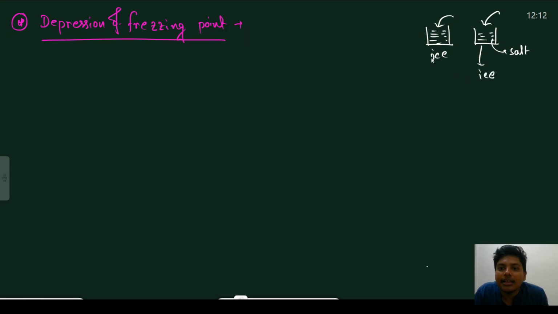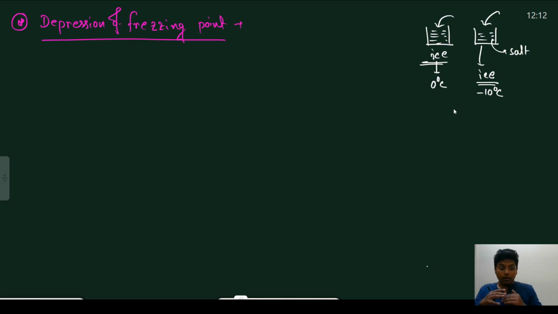You will check that the pure ice melts at 0 degrees Celsius, but this ice will melt at minus 10 degrees Celsius. Understood? So the melting point or freezing point will decrease if I add solute into it.